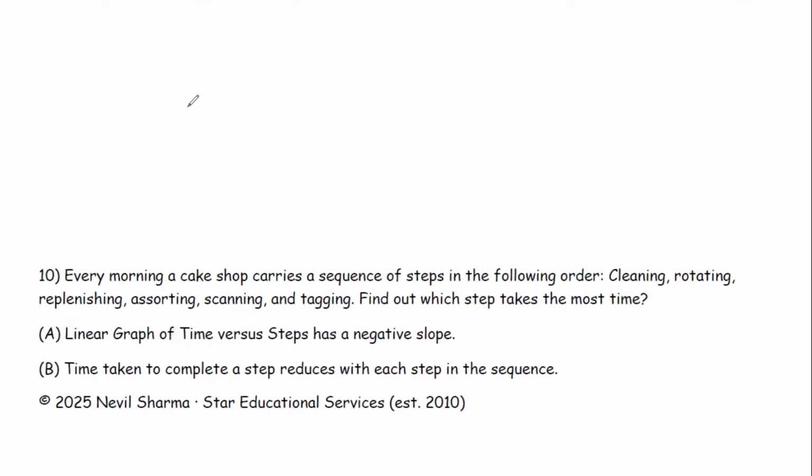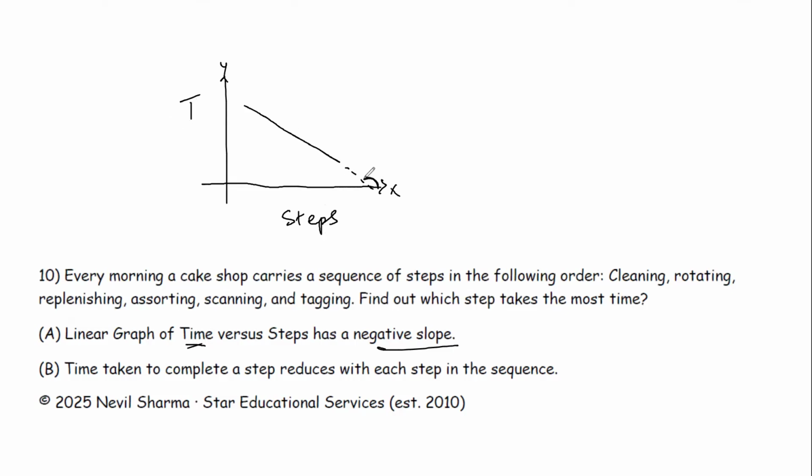So a linear graph of time versus steps. When they say versus steps, steps will be on the X axis and the first one will be on the Y axis. Have the negative slope. Negative slope meaning the line goes like this, where the angle with the x-axis is obtuse.